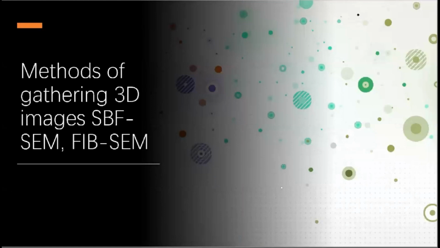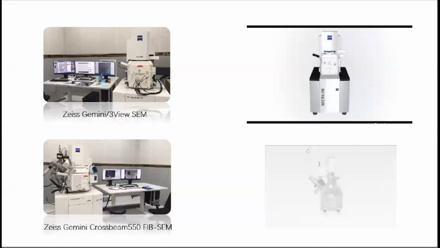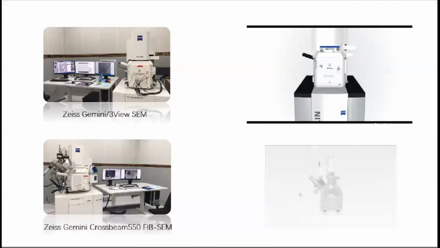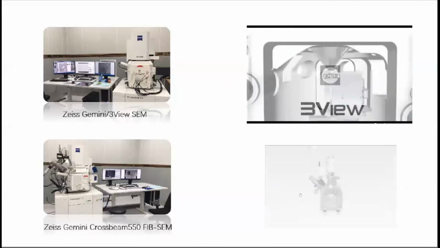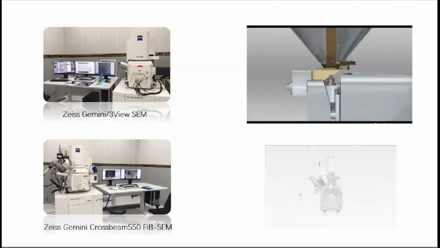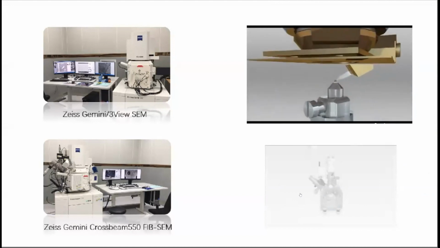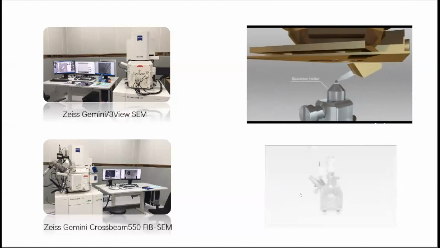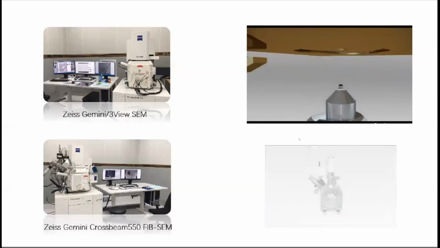Next, I will introduce the methods of gathering 3D images of SBF SEM and FIB SEM. SBF SEM repeats the sample cutting with a diamond knife, and the observation of a back-scattered electron image of new sample surface in the specimen chamber.